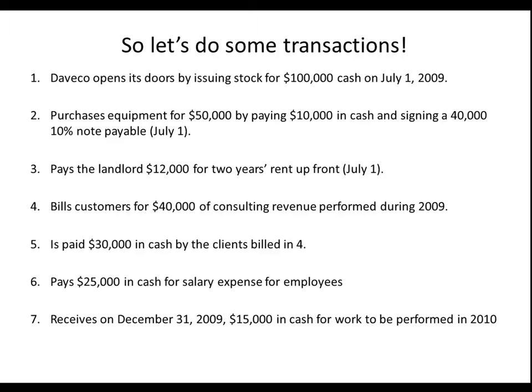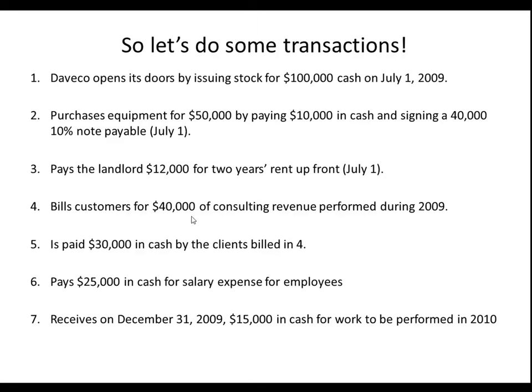So let's do some transactions. Daveco, our fictitious company, was opened on July 1st, 2009 with a $100,000 cash infusion. We issued stock. Subsequently, we bought some stuff, we made some payments, we collected some money, and so forth.